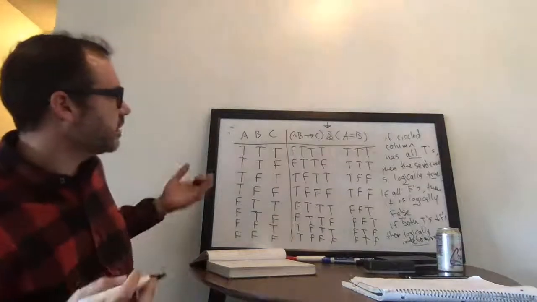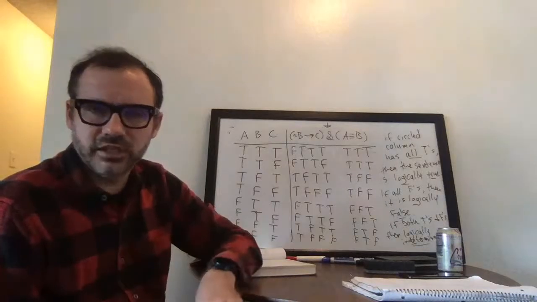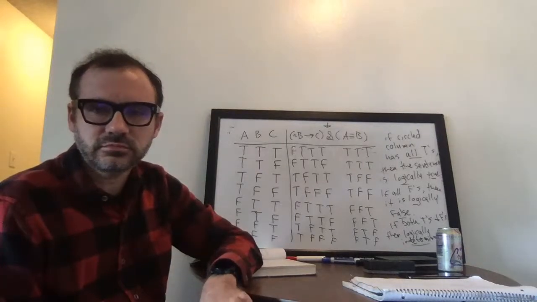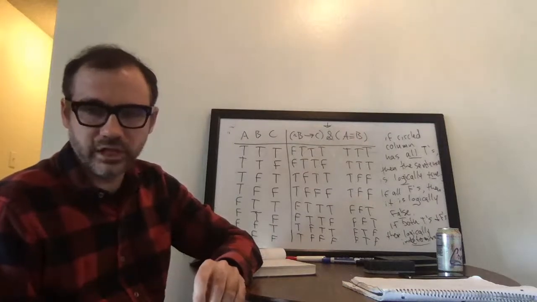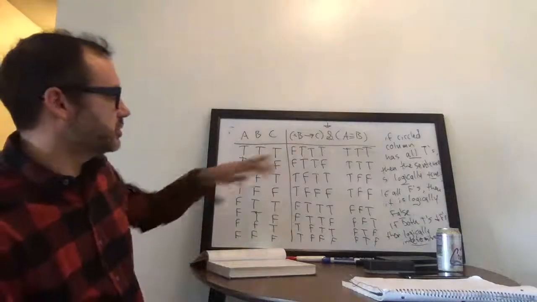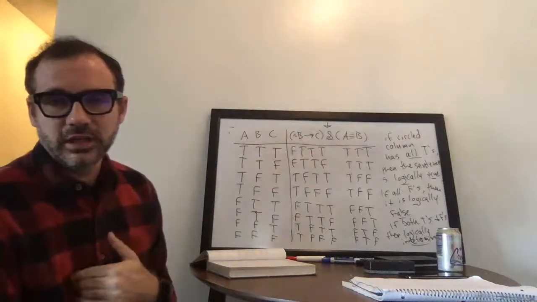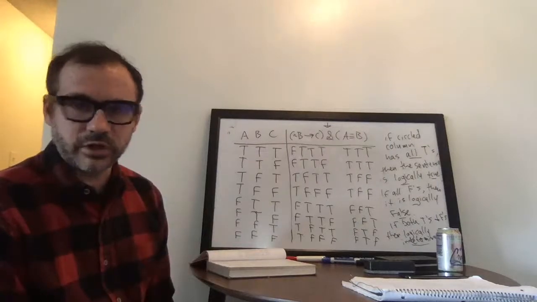Now, what's the rule for a conjunction again? For it to be true, what has to be the case? For an and statement to be true, we have to have both of the conjuncts being true. Yes, Lily. So you're looking for two T's. If so, it's true. And if you don't see two cases of T, it's going to be false. All right?